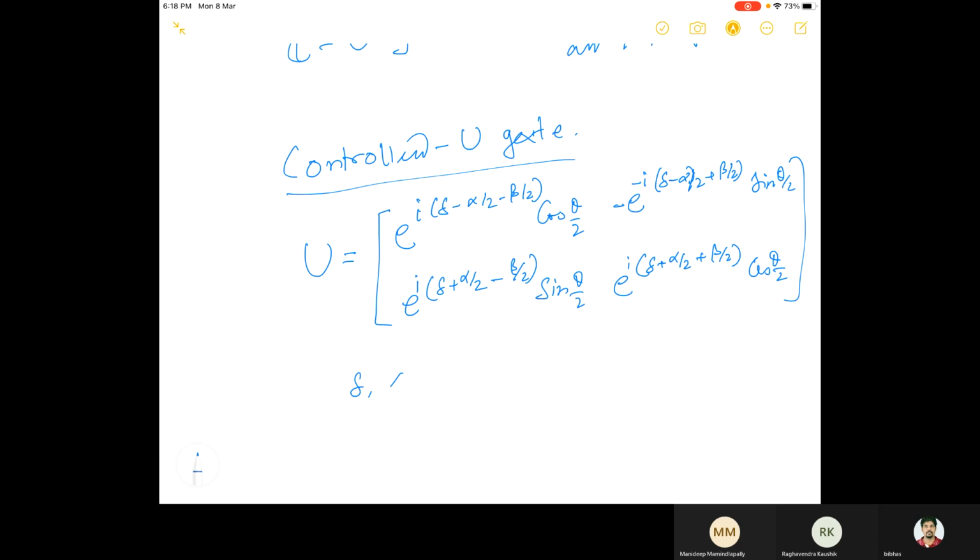You just pick these matrices and multiply. Sir, you are writing, but it's not visible, sir. It stopped at delta only, sir. It stopped after the U gate matrix, just delta is written. Oh, okay, just a minute. Yes.